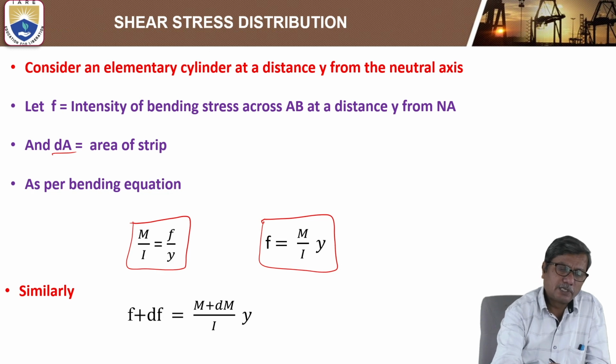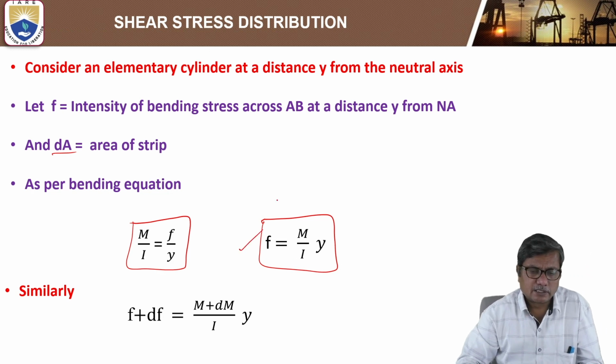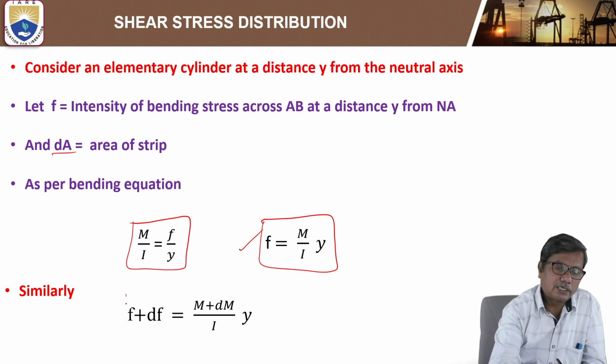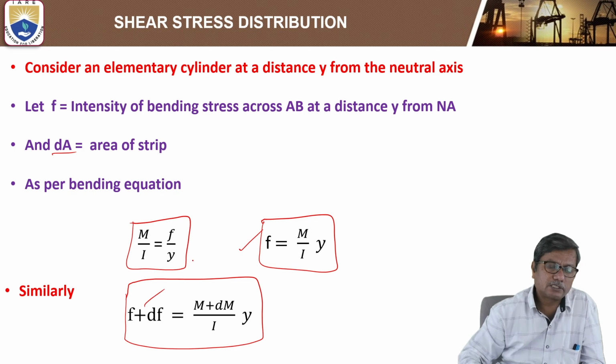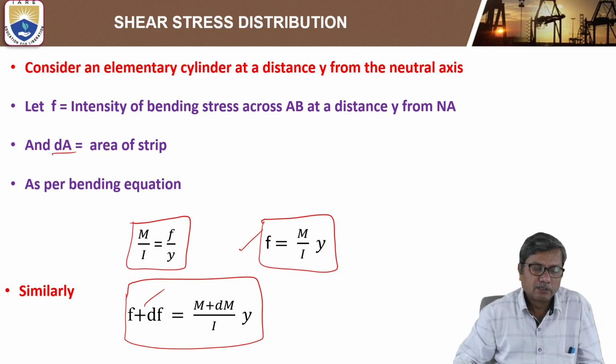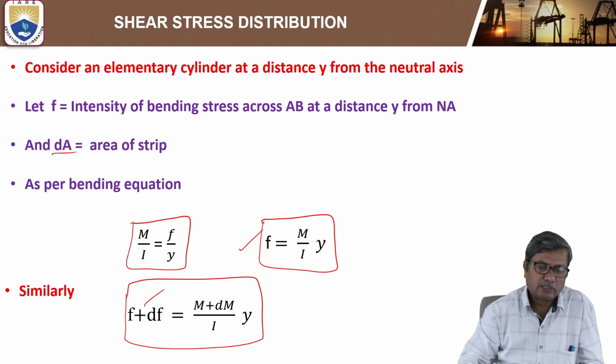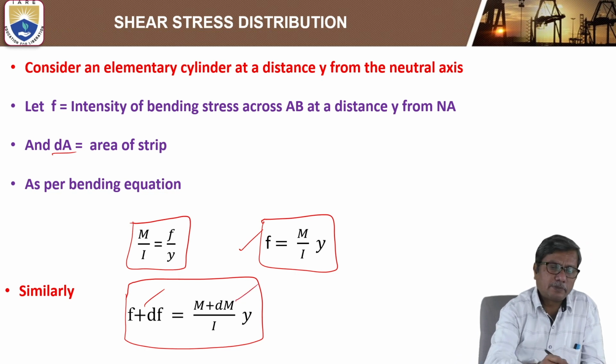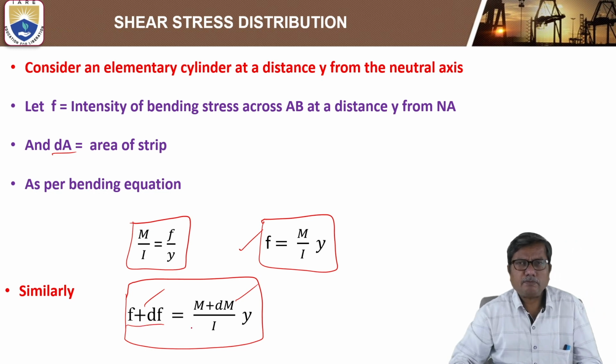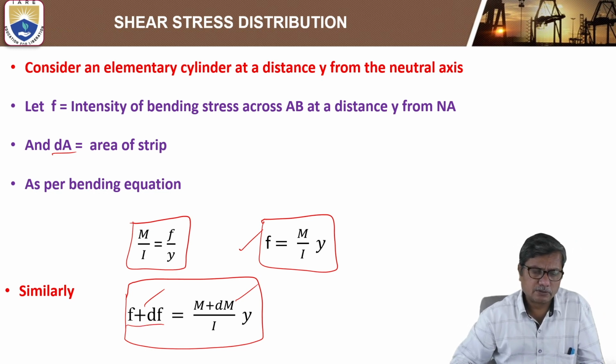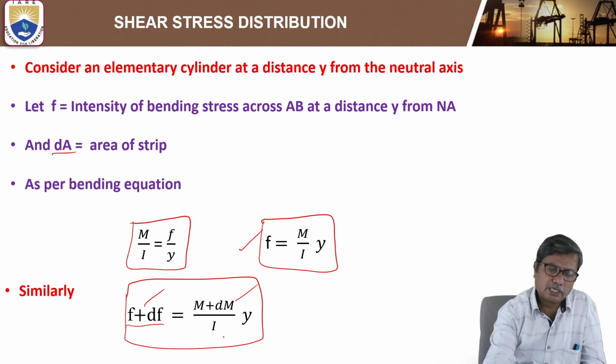Similarly, at the right end of the elementary cylinder, the bending stress is sigma plus d sigma, so the bending moment is M plus dM. Again from the bending equation, sigma plus d sigma equals M plus dM by I into y.